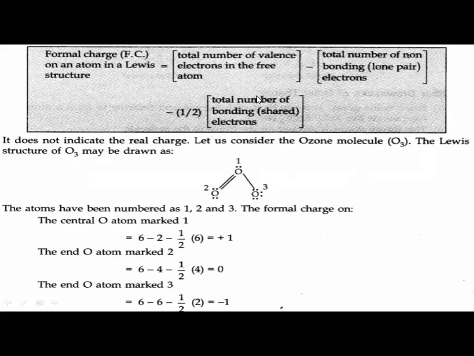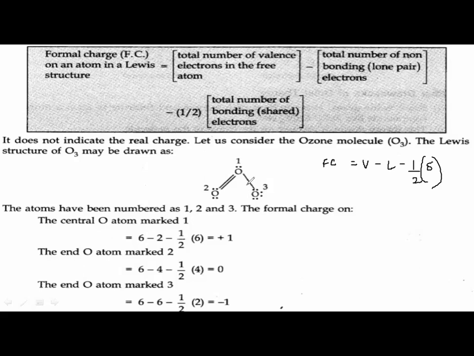So I will write V for valence electrons, minus L, the non-bonded electrons, which means lone pair electrons, minus half into the total number of shared electrons, S. So this is the formula for formal charge: V minus L minus half S. Let us use that formula and find it.